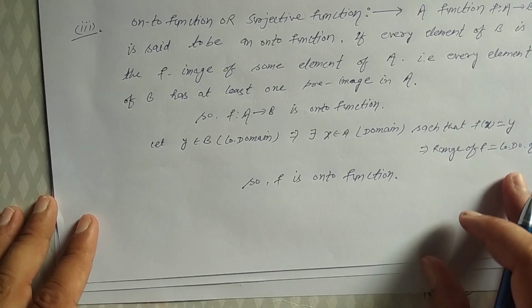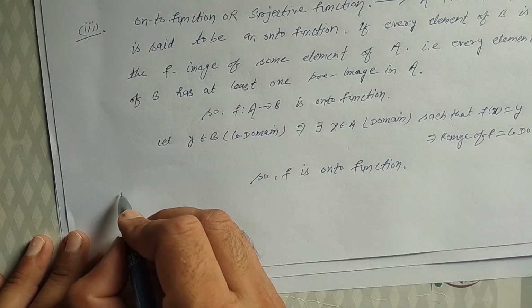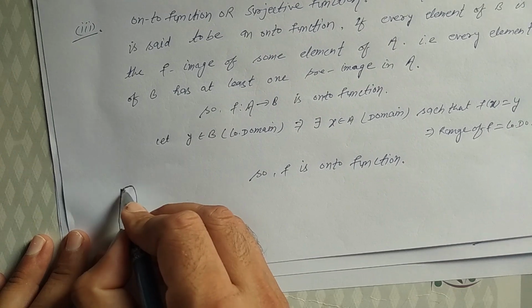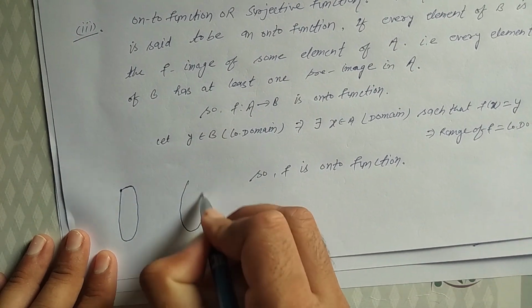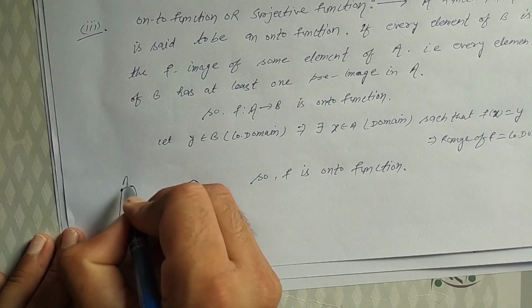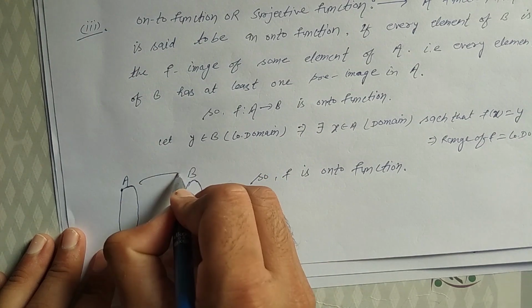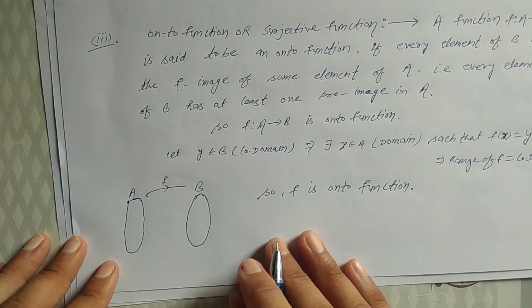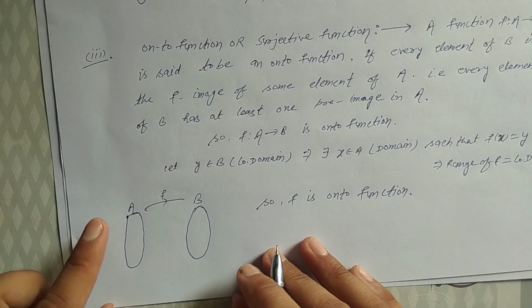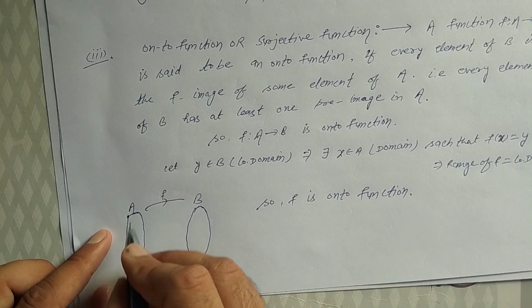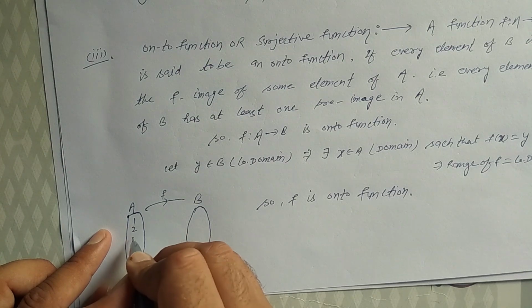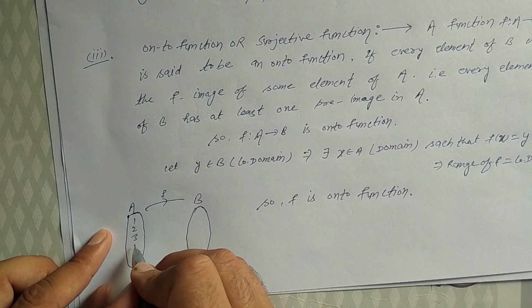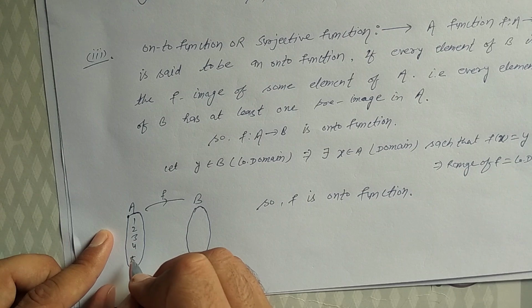By arrow diagram: set A, set B, function f from A to B. Elements of set A are 1, 2, 3, 4, 5.